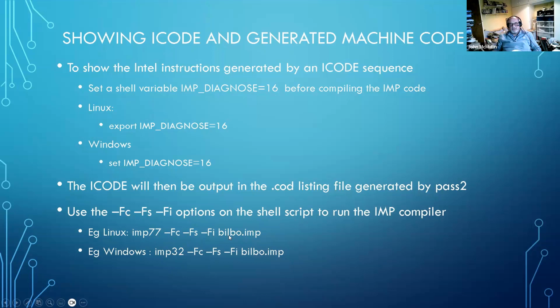So in both cases, this means basically retain all of the information, the intermediate files, and we'll then be able to see the I-code, inside the code listing generated by the compiler for Bilbo will then show all the I-codes.